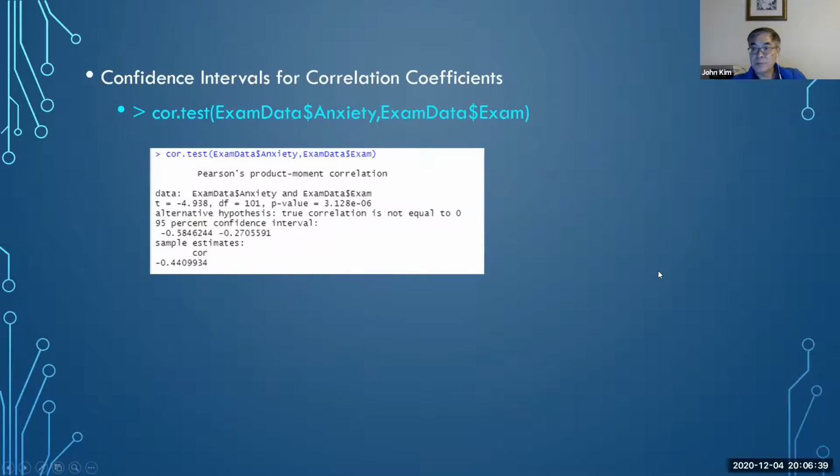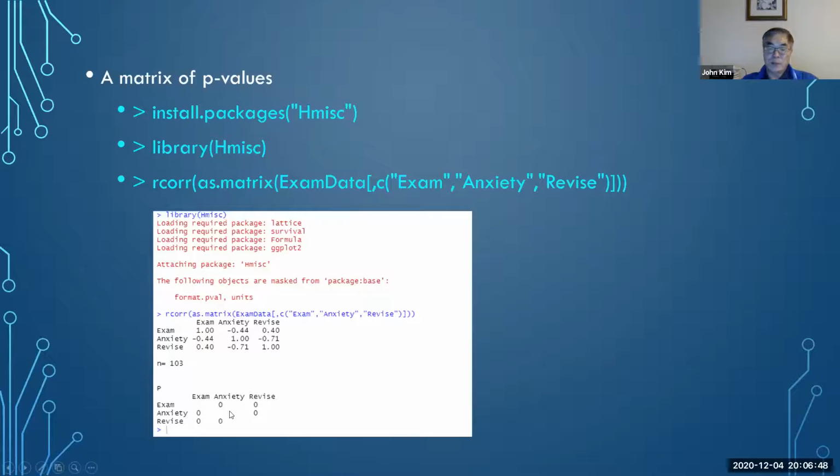And next one, confidence intervals for the correlation coefficient. Go back to this p-value matrix. But we don't know exactly if they are statistically significant or not.